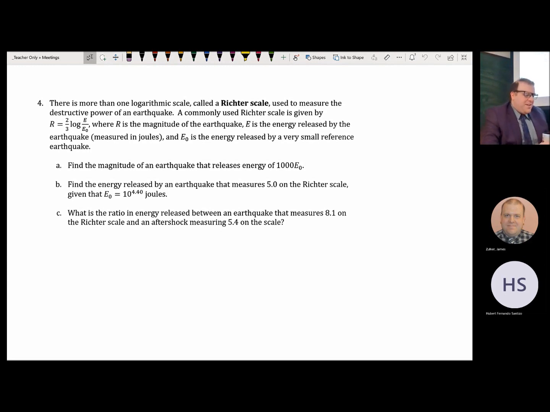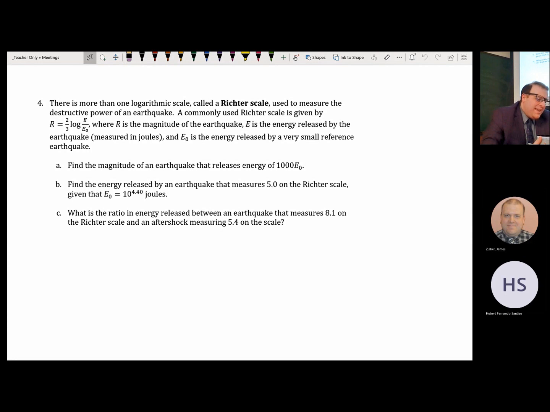So when measuring earthquakes, there's actually more than one logarithmic scale that's used. They're all called Richter scales. The most common is R equals 2/3 common log of E over E naught.